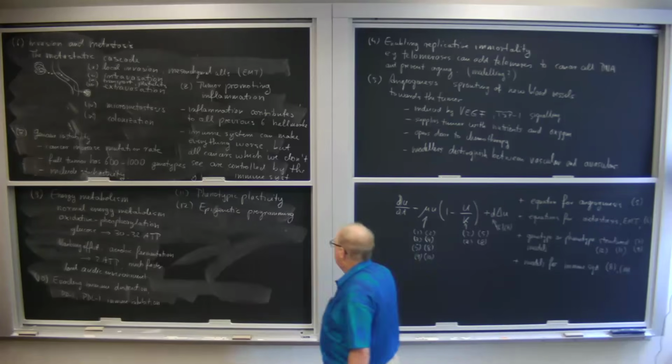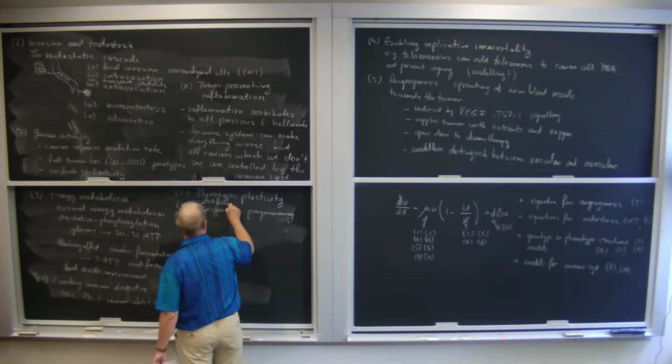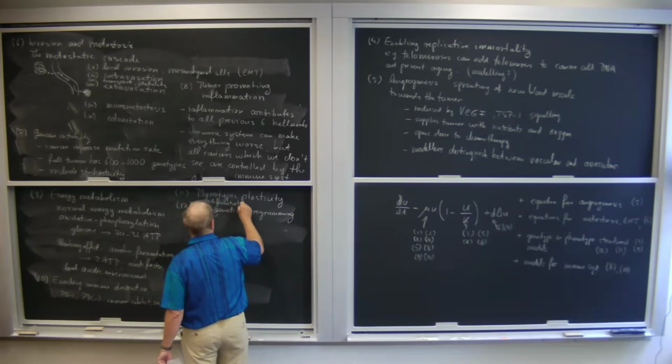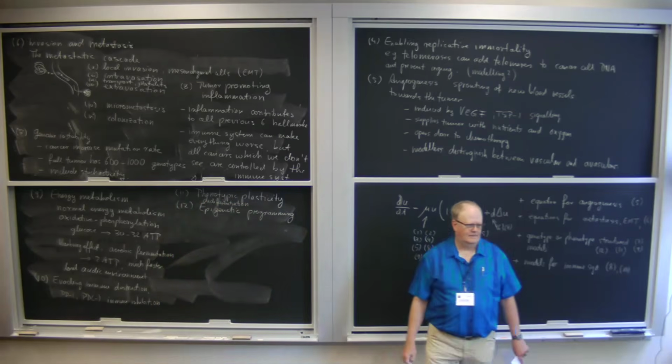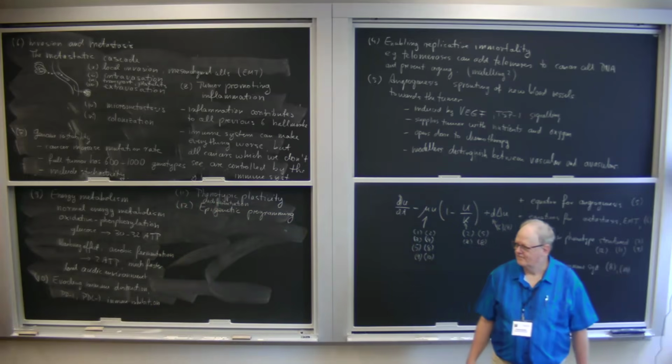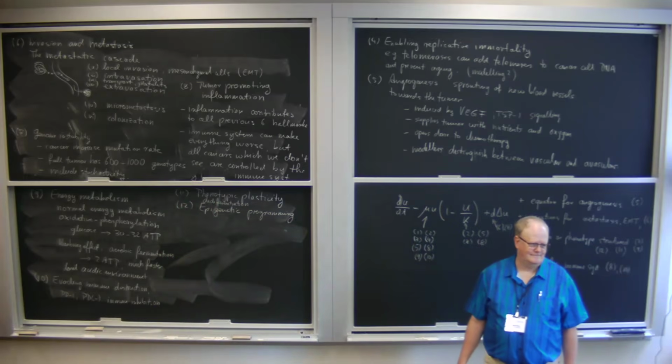Shouldn't that then be better described as phenotypic elasticity or phenotypic elastoplastic behavior? I think it's just generally called phenotypic plasticity. I mean, that's in the literature anyway. Yeah, I think you're right.